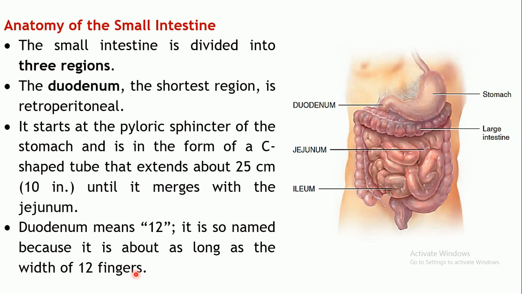That's why it was called duodenum. So that's the first part. As we have seen, the bile and the pancreatic juice are secreted into this duodenum through the hepatopancreatic ampulla, and there is the accessory duct also which opens into the duodenum.